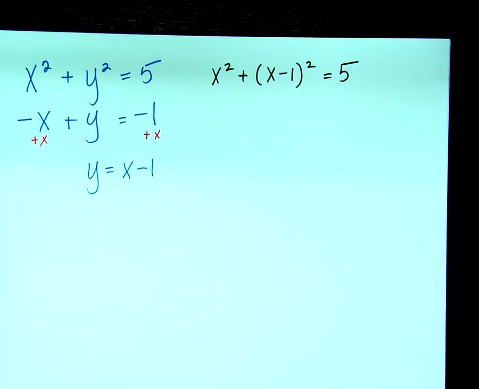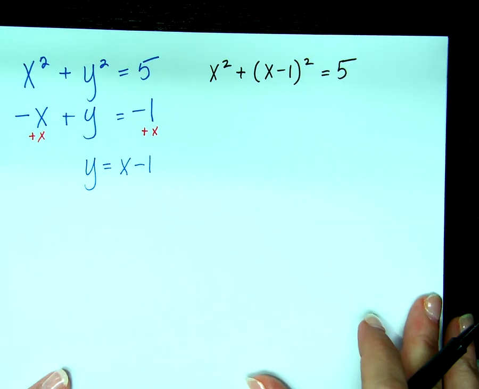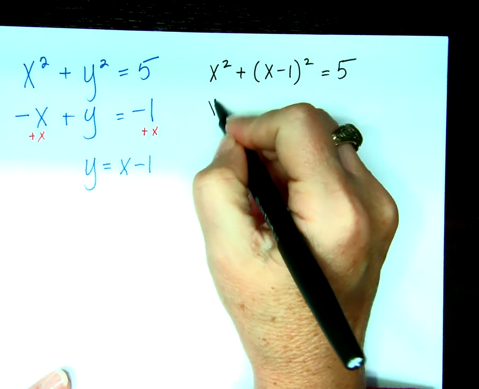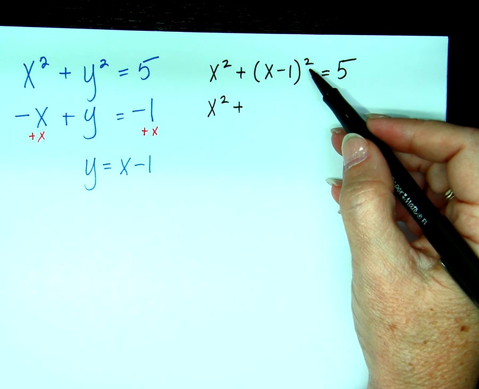Now, I have a great fear at this point that you're going to not remember your algebra rules and mess up on the very next step. So let's do our best to not do that. Is that okay? X squared plus what? Guys, what does it mean for something to be squared?